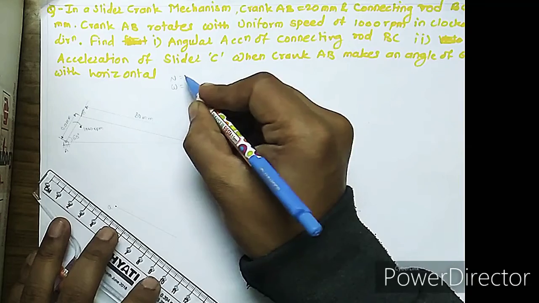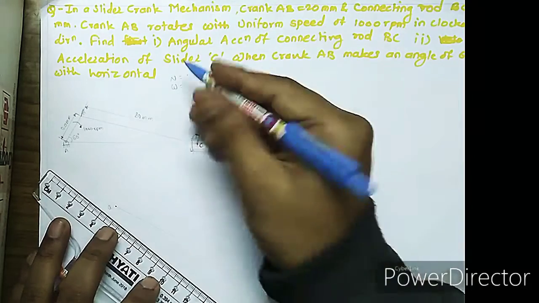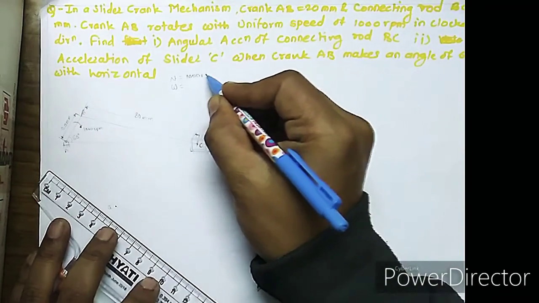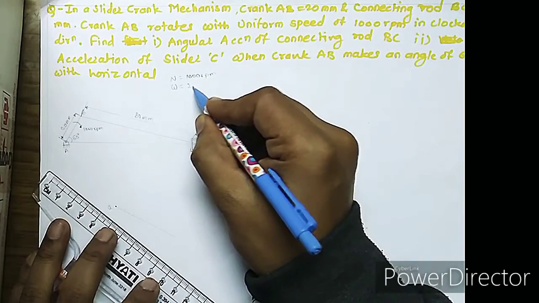For that we don't have a dimension, so we have N equal to 1000 rpm. From this we can calculate the omega.